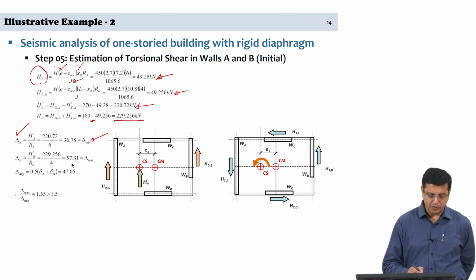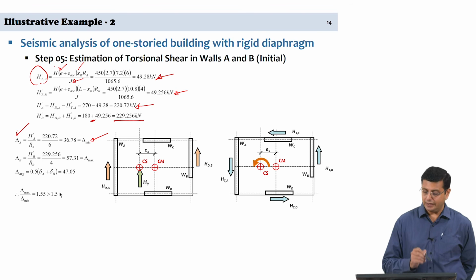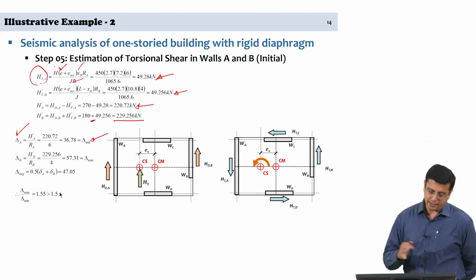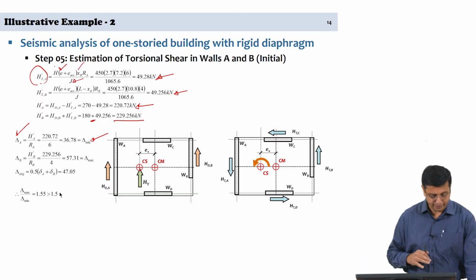In this case, we get two values here, and we are looking at delta max by delta min, which is 57.31 as the delta maximum divided by 36.78, which gives us a value greater than 1.5. That is the definition of a torsionally irregular building, or a building which has plan irregularity coming from torsional irregularity. So, this is a torsionally irregular building.